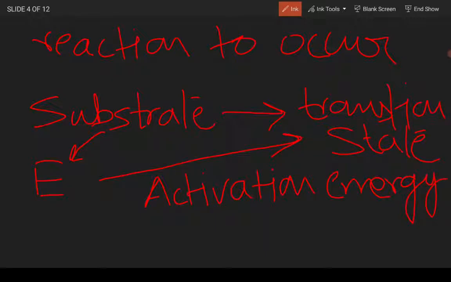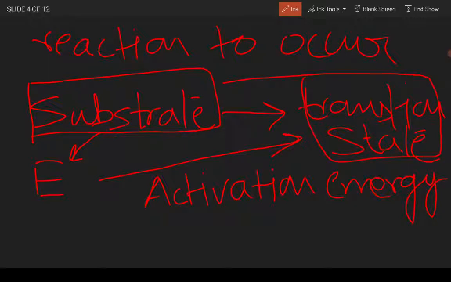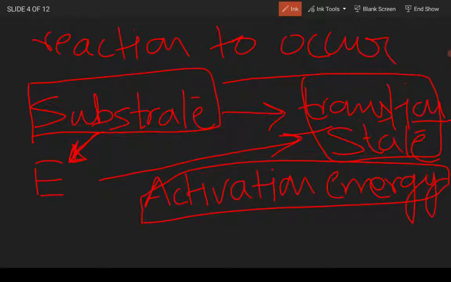So for any reaction to occur, the substrate needs to reach a transition state at a higher energy level, and the energy needed to reach this transition state is known as activation energy. Every substrate needs this activation energy for the reaction to occur and for the products to form.